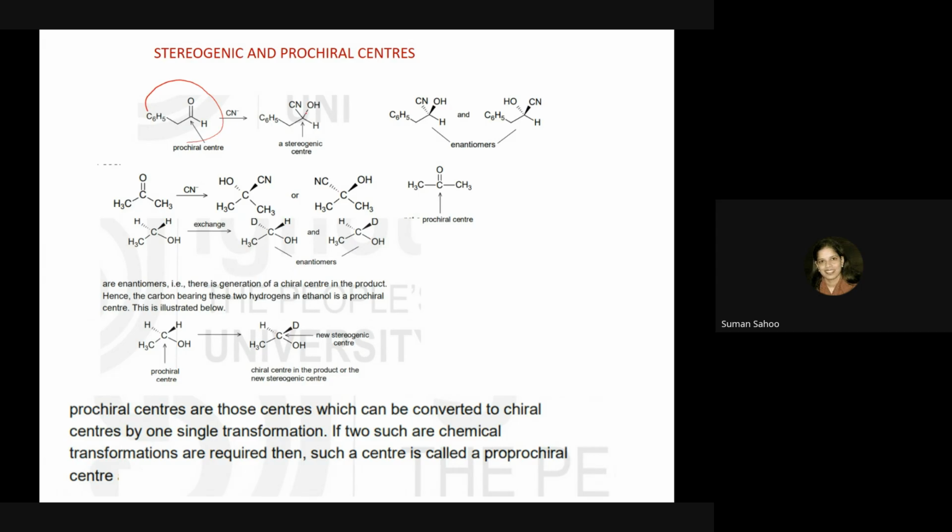So this chiral center is derived from this aldehyde, which is prochiral, because after one chemical transformation step it is going to give you a chiral compound. So this carbon center is known as a prochiral center.